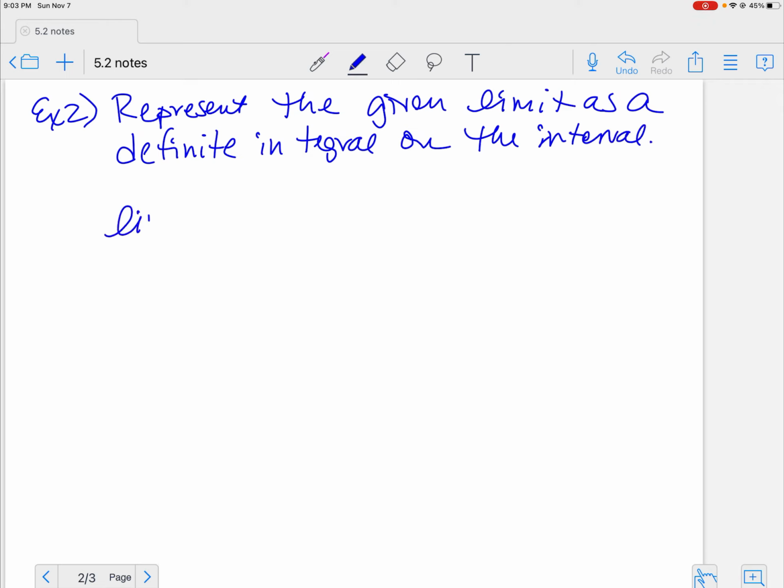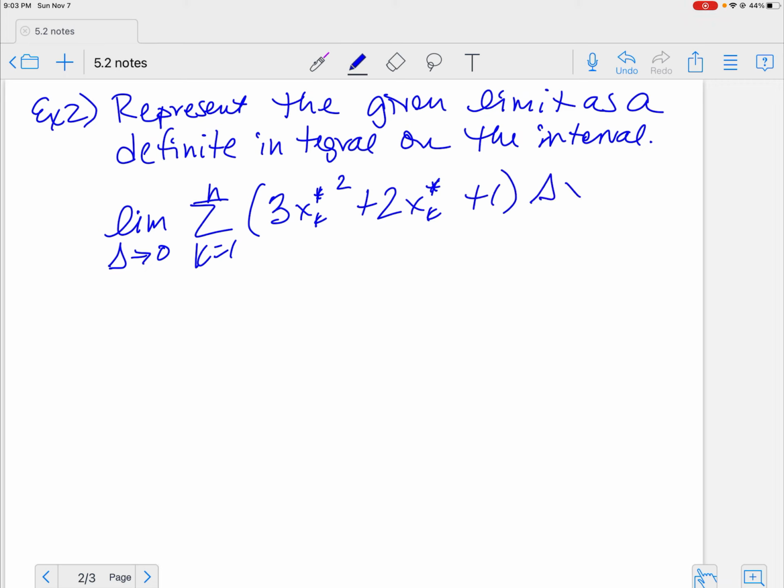I am given the limit as delta approaches 0 of the summation from k going from 1 to n, because remember we have n that we're looking at. We don't know how many rectangles we have, we're just making them smaller and smaller, of 3x sub k asterisk squared plus 2x sub k asterisk plus 1 times change in x. And I'm on the interval from 1 to 3.